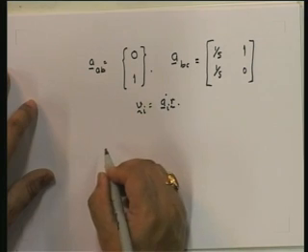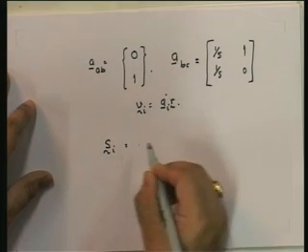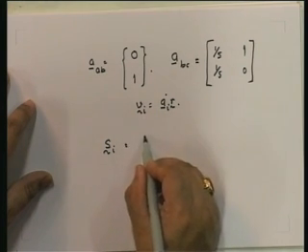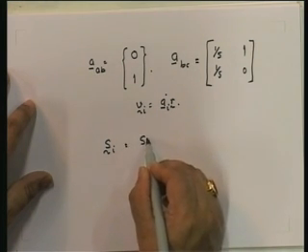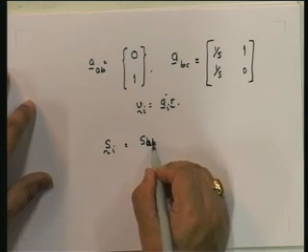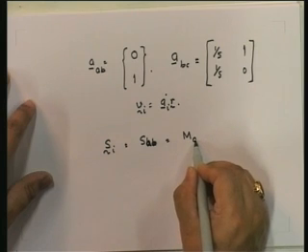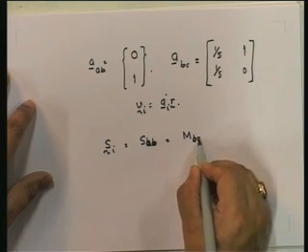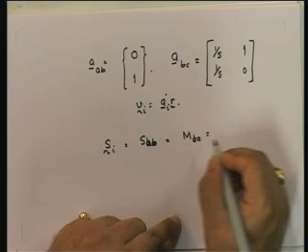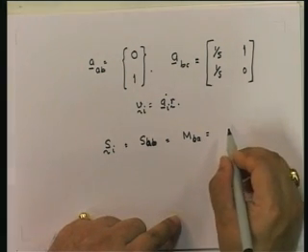We know that S_i, in the case of S_BA, AB, which you will see is equal to M_BA, because M_AB is equal to 0.